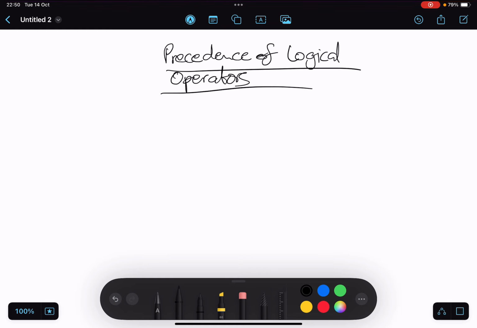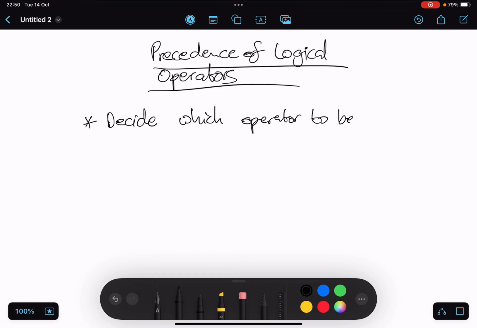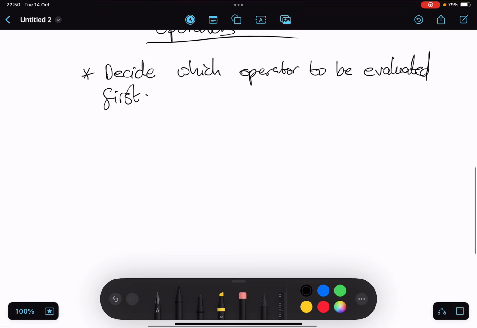The most important thing here, if we are given a compound proposition, is to know which operator to apply first in order to simplify that compound proposition. So precedency of logic operators is to decide which operator should be evaluated first.